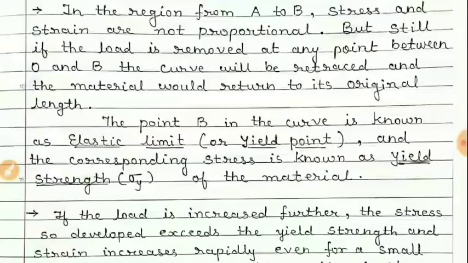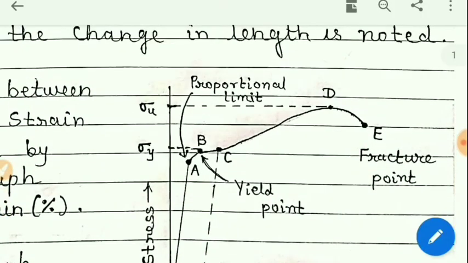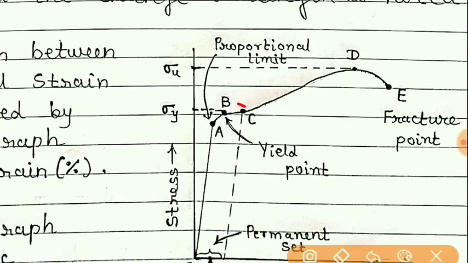Students, here you can see in this graph that if after point C, the point D is obtained very early, then we can say that the strain is not large, and so that type of material is called brittle.